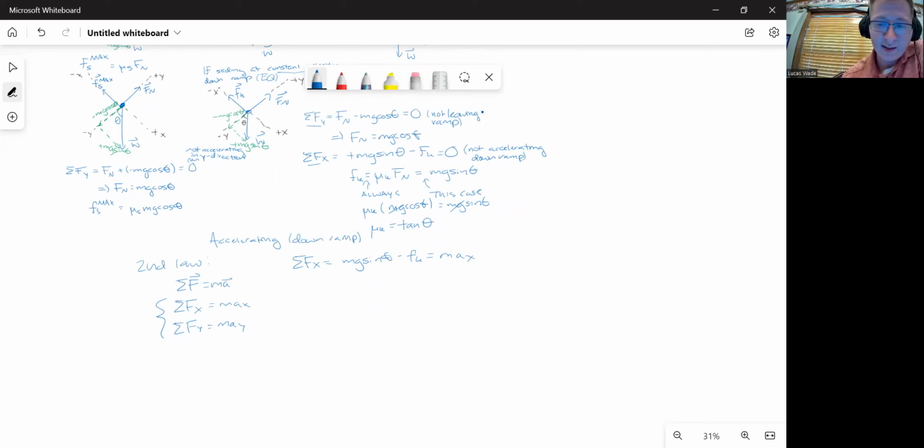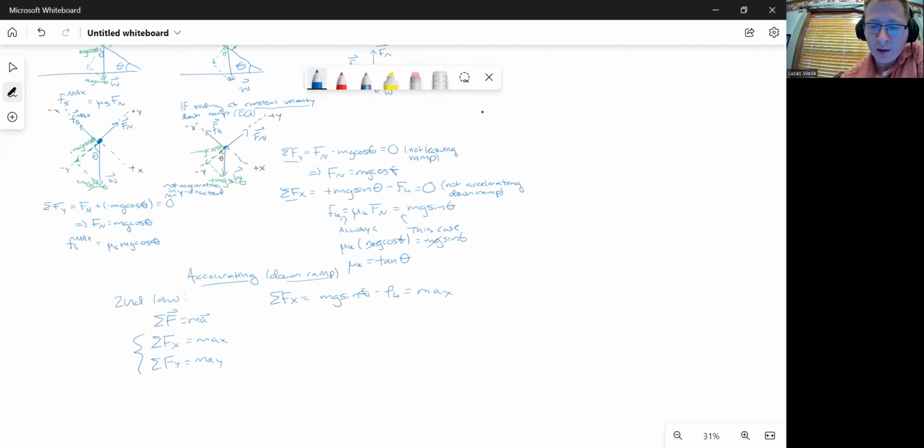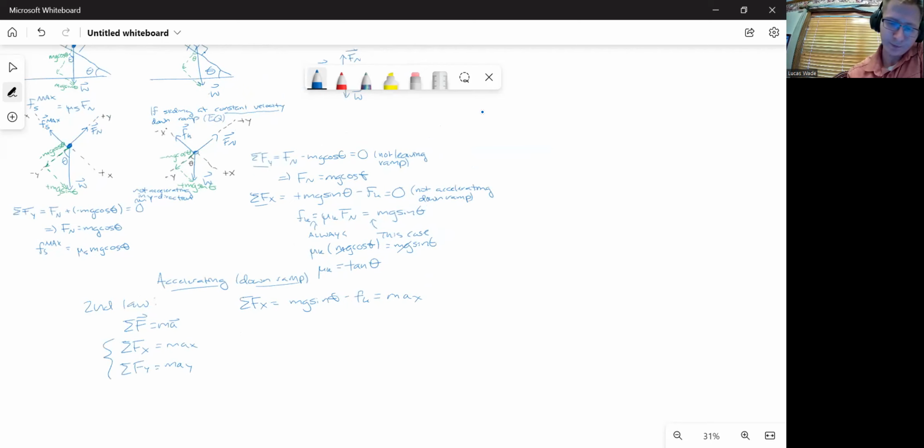Whatever that acceleration is, it might be that we're solving for it, or it might be that we're given that acceleration and want to find something else. But because the block is accelerating down the ramp, we use this. If it were accelerating up the ramp, it would make sense for us to define our positive direction up the ramp and give signs accordingly, or we could call our acceleration a negative ax.